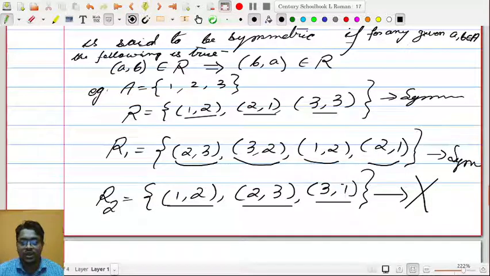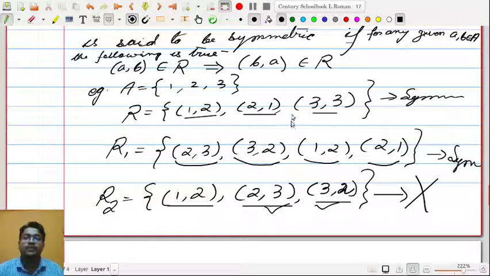Suppose I make it something like this: 1 related to 2, 2 related to 3, 3 related to 2. Even then it's not symmetric because 1 is related to 2 but 2 is not related to 1. These two are okay, (2, 3) related, (3, 2) is related, that's fine.